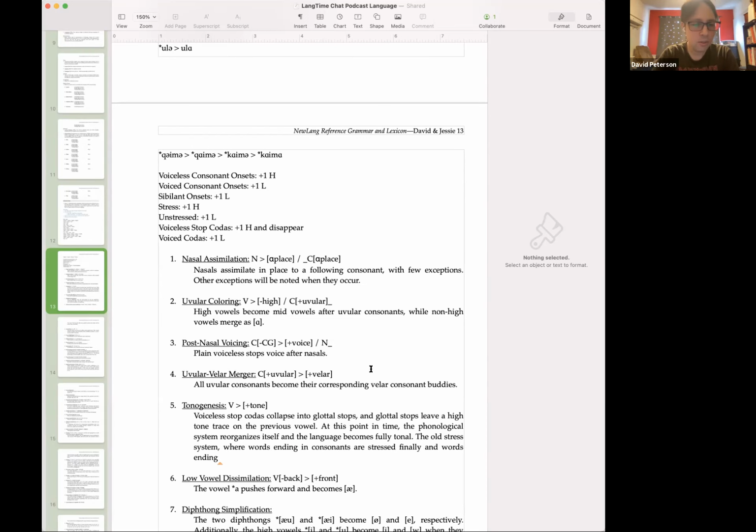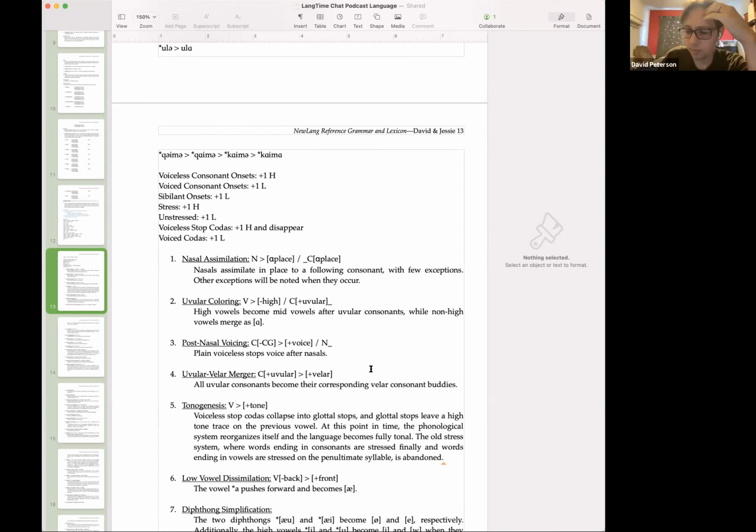Words ending in consonants are stressed finally, and words ending in vowels are stressed on the penultimate syllable. Well, the stress system is abandoned. Oh, I was just going to say that whether you would type consonants or codas, it's really saying the same thing, because consonants are codas. I know, it's really silly. What are you going to do?